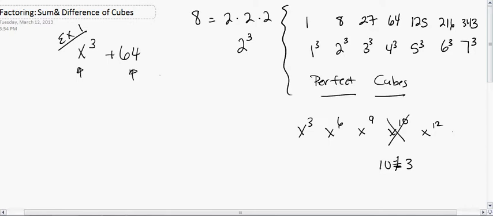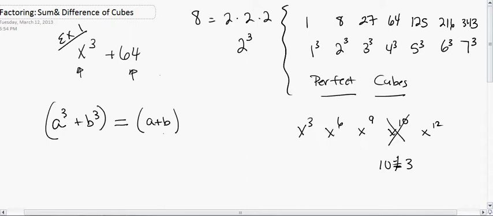All right, the other thing that I'm going to need besides making sure that I have 2 cubes is a formula. And the formula is in your notes also, but I will give it to you here. It looks like this. So if I have something being cubed plus something else being cubed, so a cubed plus b cubed, I can factor it by creating 2 factors.